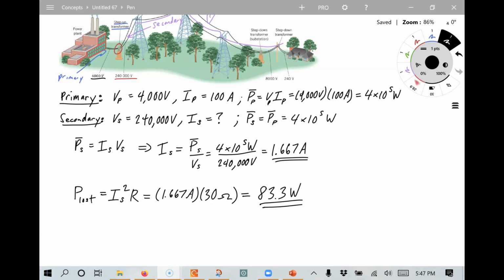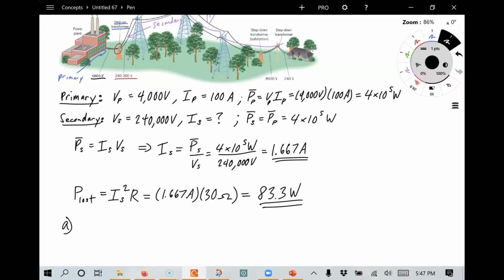Okay, now for part A, to calculate the percentage of power lost in transmission, we're going to go ahead and take the ratio here. So the power lost divided by the total power that we started with at the generator.